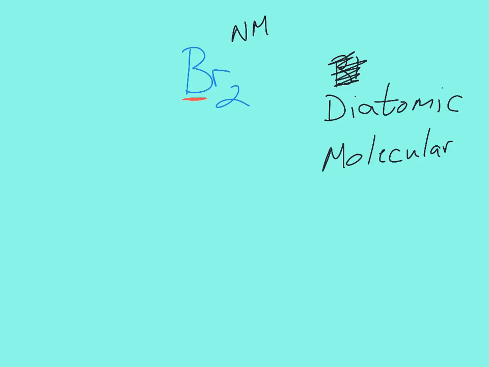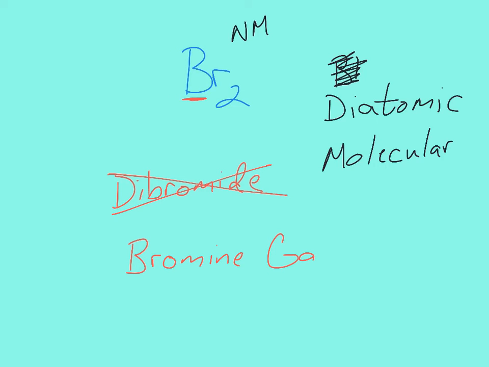Now there are two of them, so if we went and said dibromide, I mean, it's technically true, there are two bromides bonded together, but usually if we have any of these seven, and we can remember them with that Hofbrinkel the clown we had before, we call them by the element bromine, and then we add gas. This is bromine gas. So that's a special one.